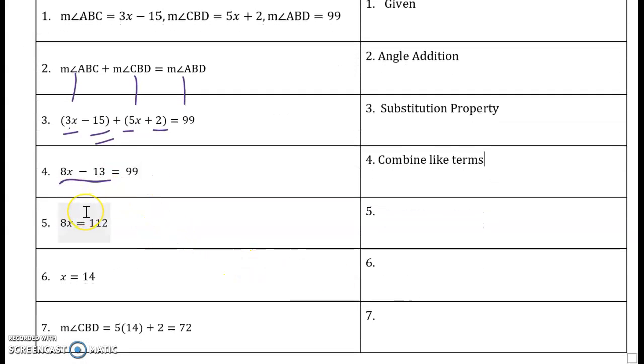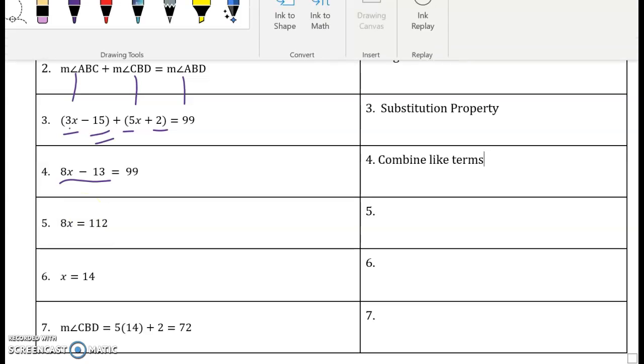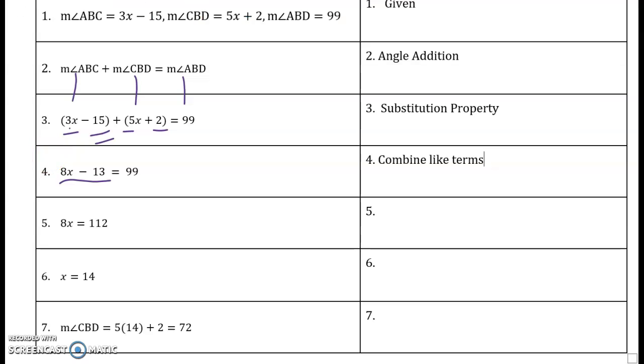Okay. Scrolling down a little bit further. What happened between these two steps? Well, 8x minus 13 is no longer minus 13, it's just 8x. So what happened on this step is we added 13 to both sides. Do you see that? Now we don't show this in the proof. We don't write the plus 13 in the proof. I'm just showing this to let you see what it looks like.